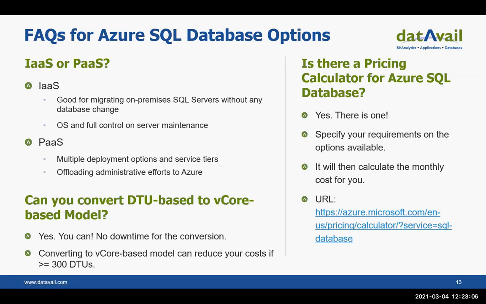Converting to the vCore based model can reduce your cost if your single database or elastic pool consumes more than 300 DTUs. You can convert using the Azure portal. Again, no downtime. Of course, if you're already on MI, Azure SQL Managed Instance, it only supports the vCore model anyway. So there's no need to think about conversion there.